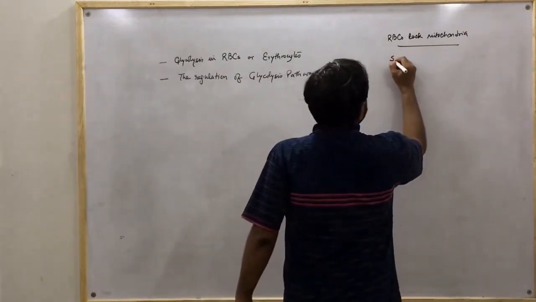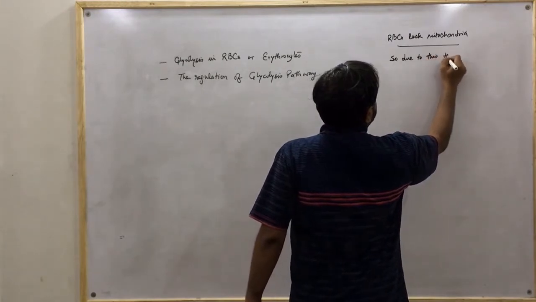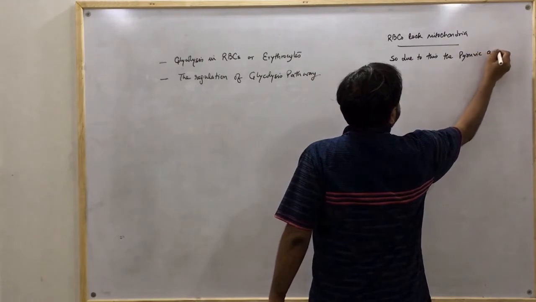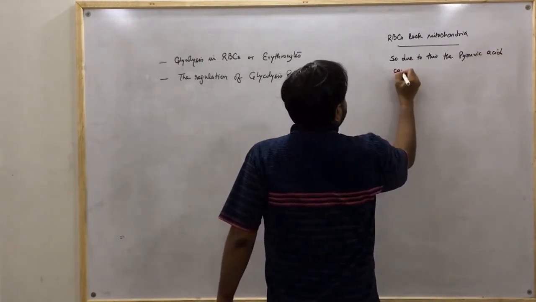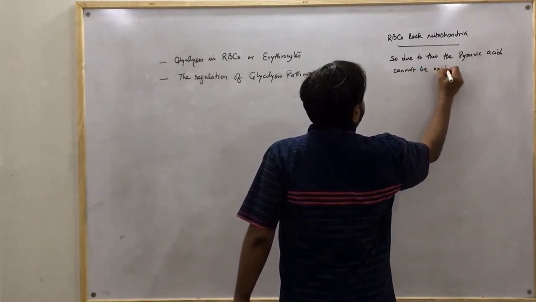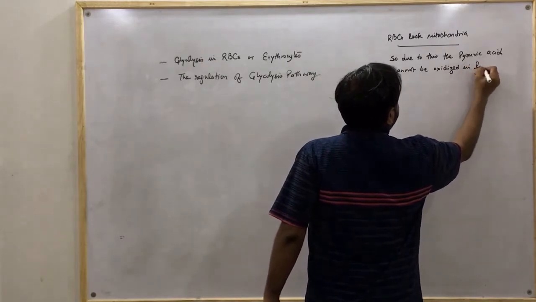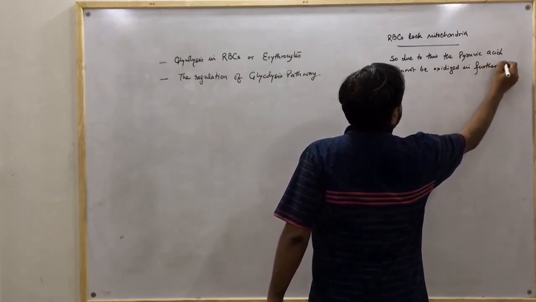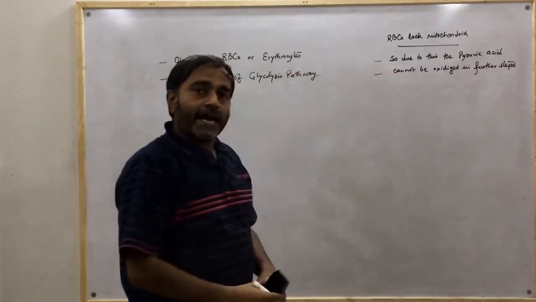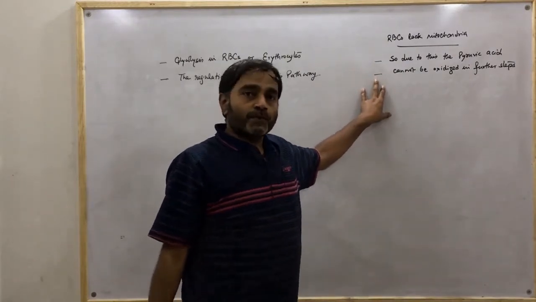So due to this, and why it is like that? Because if the mitochondria is absent, the Krebs cycle is not possible.